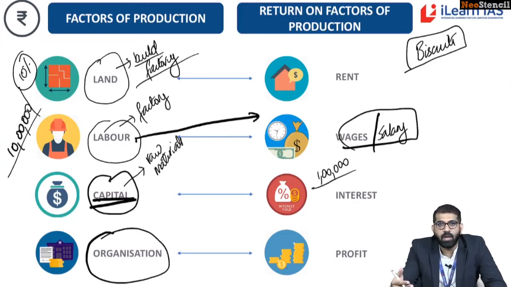The capital brought by the owners of the business is invested into the business, and that amount is used by the business to purchase various raw materials, right? To pay the salary or to pay for the construction, etc. For that purpose, they will have to pay interest to the people who bring in capital.